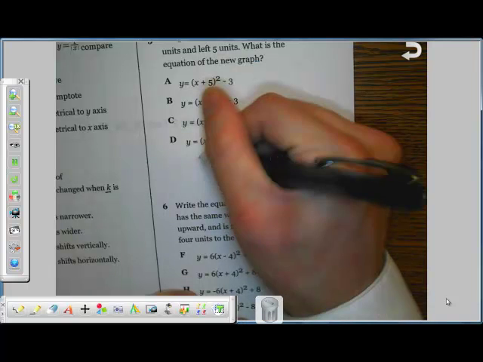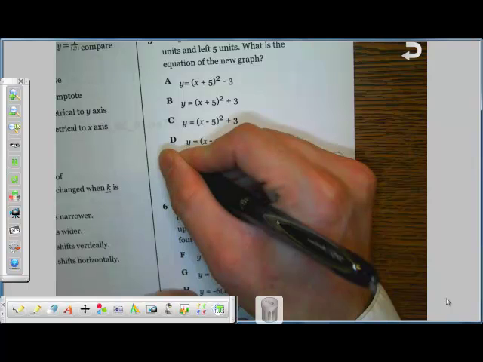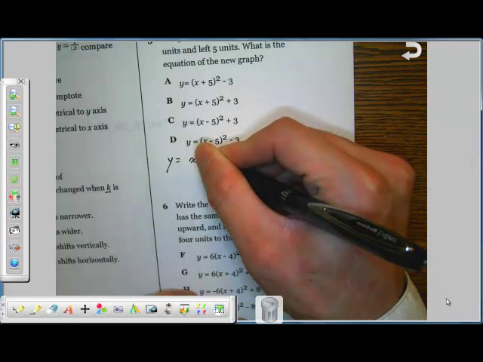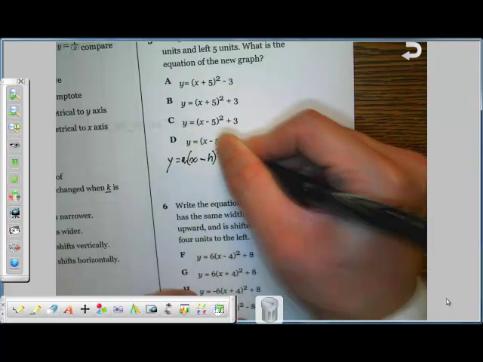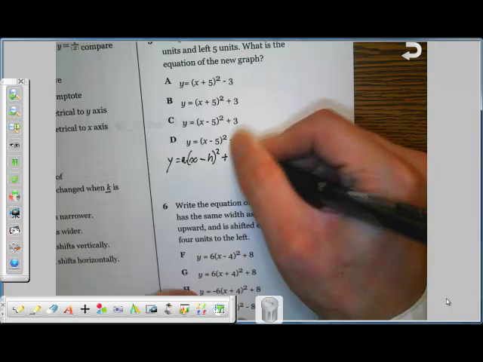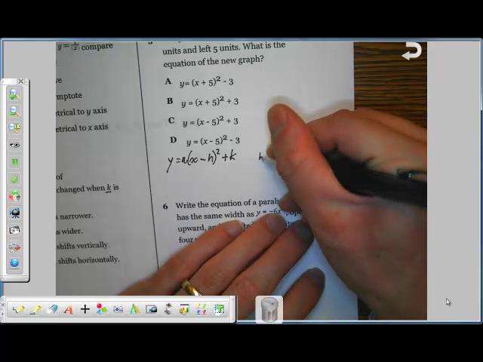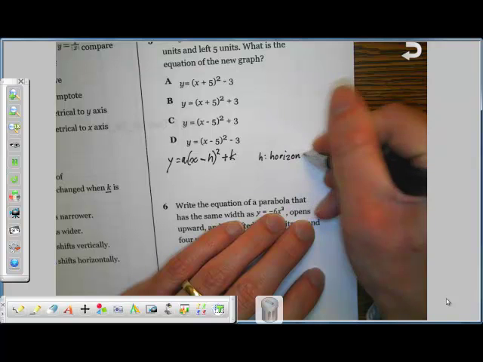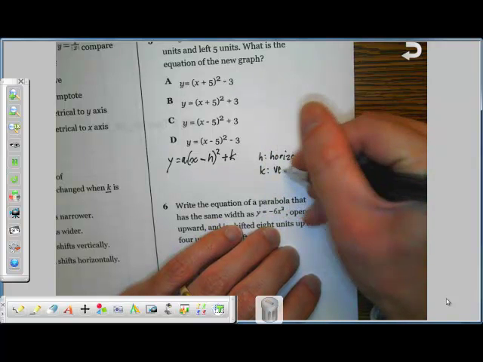Now, number 5 requires us to remember our vertex form. And that is to remember that y is equal to a times x minus h, quantity squared, plus our constant k, where h is horizontal shift and k is vertical.